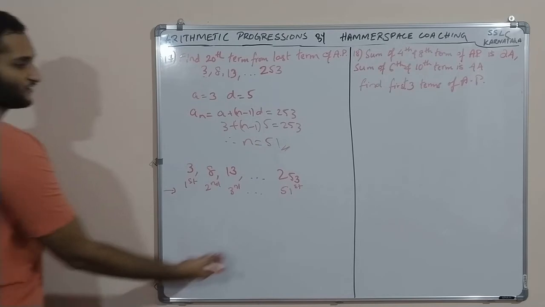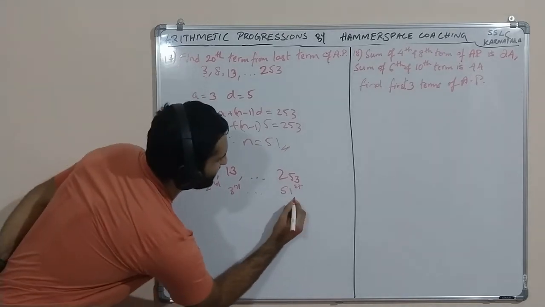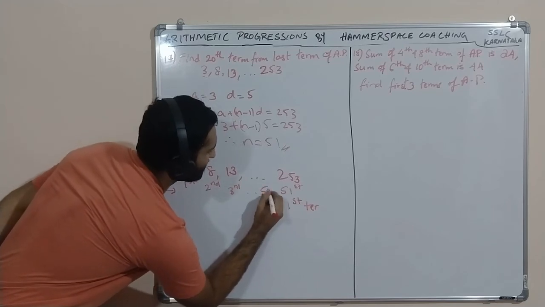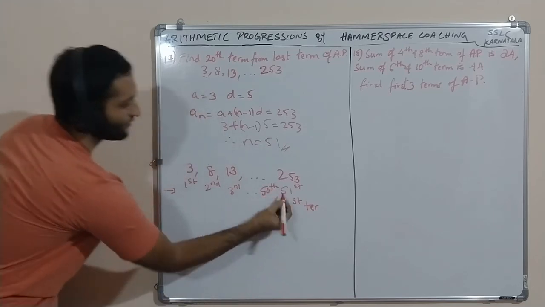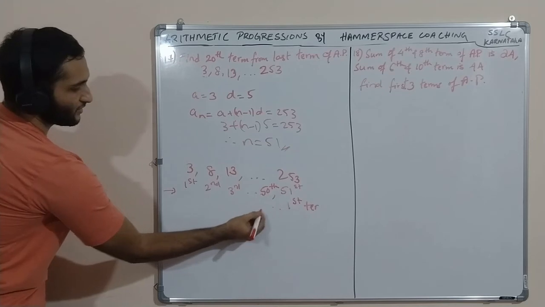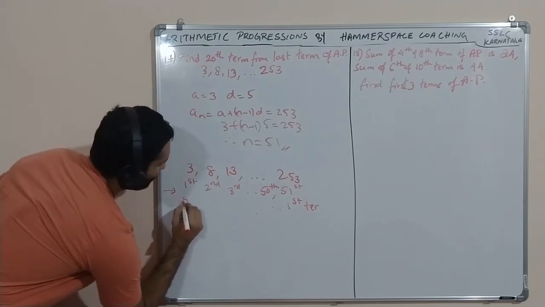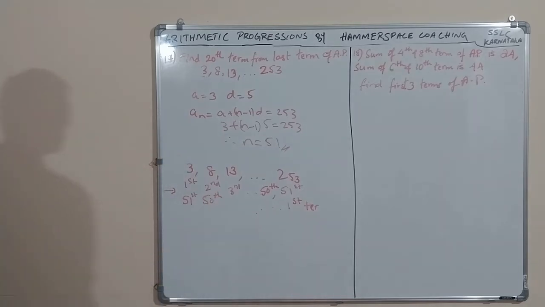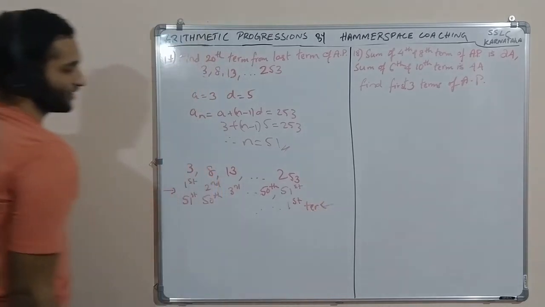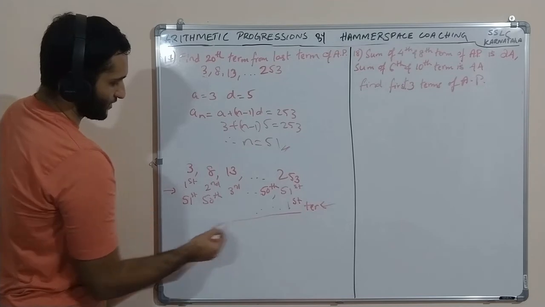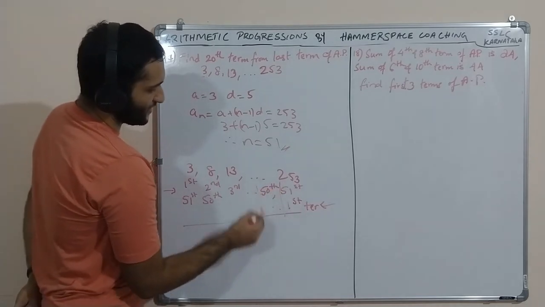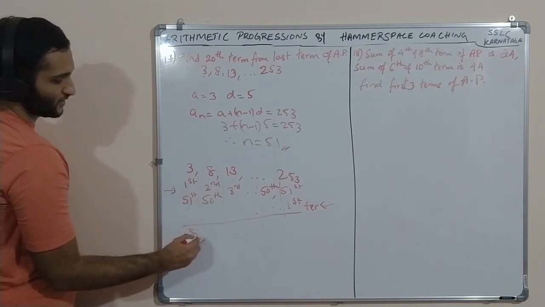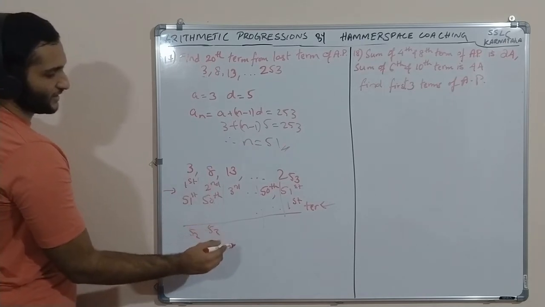But if you come from this side, this will be the first term, this will be the 50th term, the one before, and this will be the 51st term. You observe that always the sum will be 52. 51 plus 1 is 52, 50 plus 2 is 52, and so on.